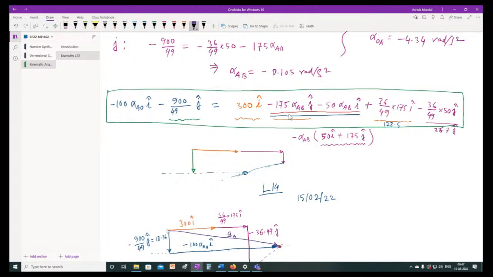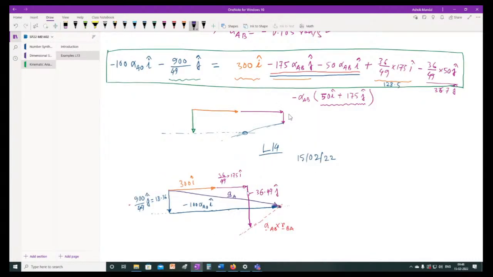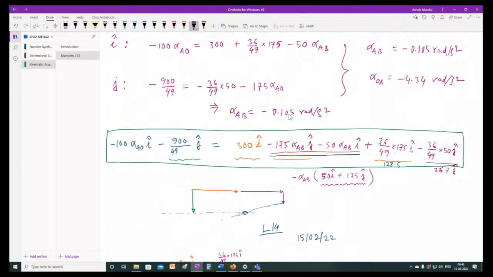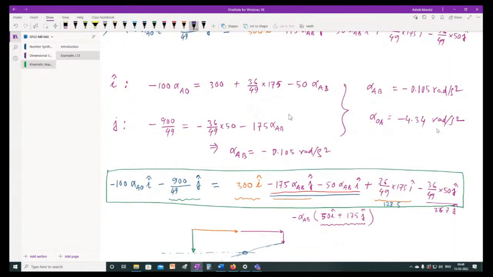Okay, so this is the component which is along the length, not this, and you have a component which is perpendicular to it. Okay, so in our case, we have drawn this one, but this is not necessary. You have to use this equation, from this equation you get the values, okay? Alpha AB and alpha OA.